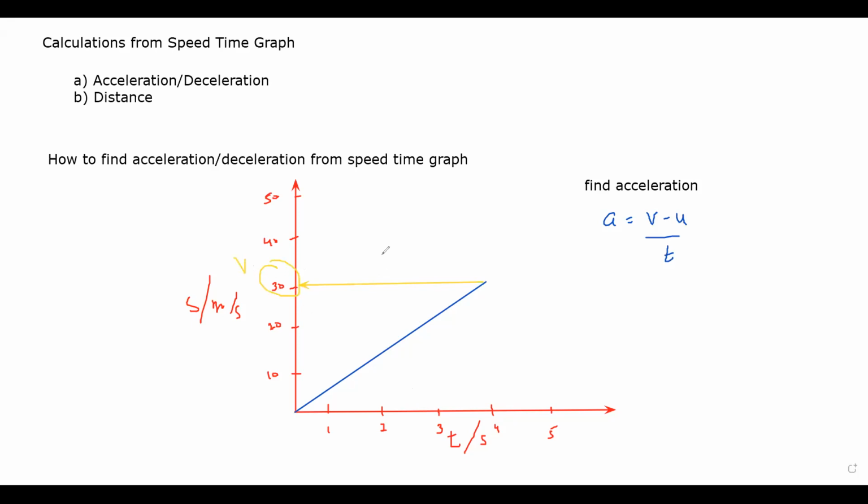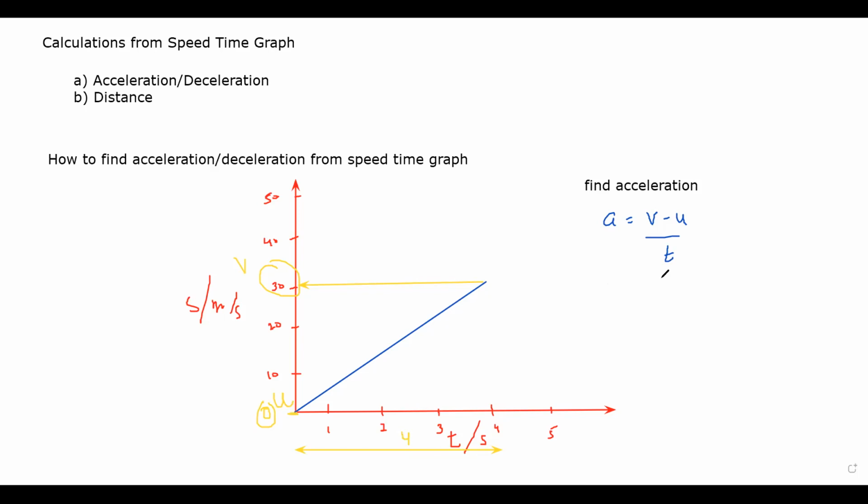What is the initial or starting velocity? This object is starting from speed 0, so initial velocity is equal to 0. Initial velocity is 0, final velocity is 30. And what about the time interval? The time interval between initial and final velocity according to the graph is equal to 4.